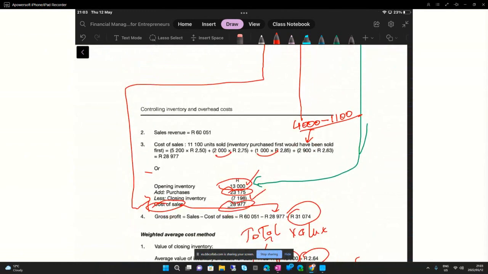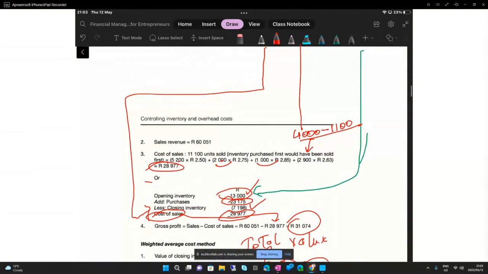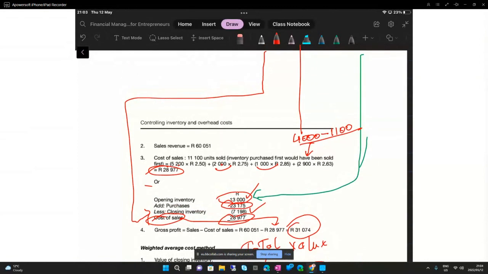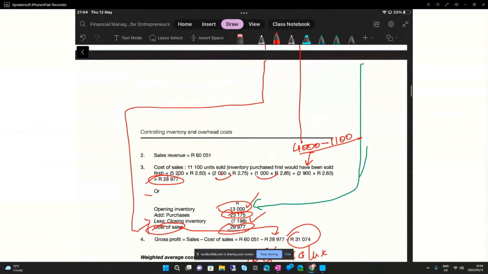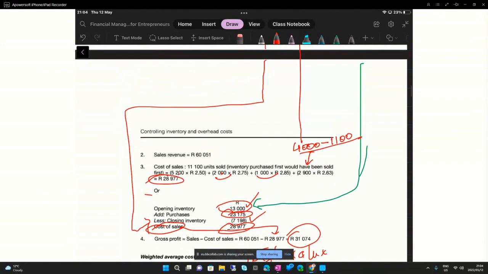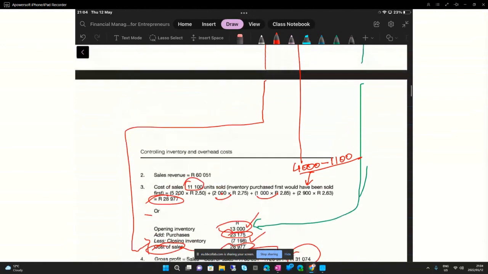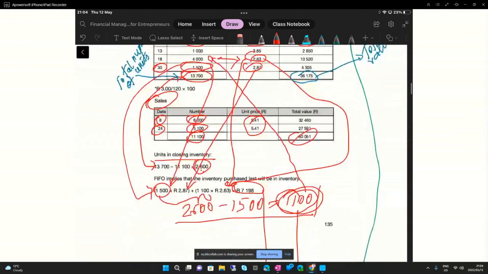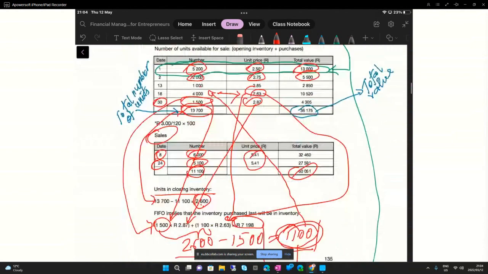So the cost of sale, 11,100 units sold, and this is the value. We take the unit, and one will ask me, why this 11,100? Because the 11,100 is the actual thing that interests us. Because remember, we want to find the cost of sales.